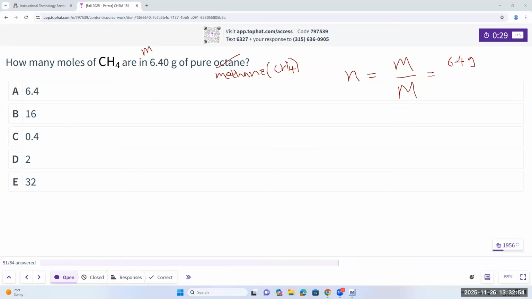Okay, 6.4 grams. Does anybody know the molar mass of CH4? 16, yeah. 16 grams per mole. I always write the units because it is so satisfying to see how the units cancel out to get us what we need. Okay, so you see that grams cancel out, you're going to end up with moles.